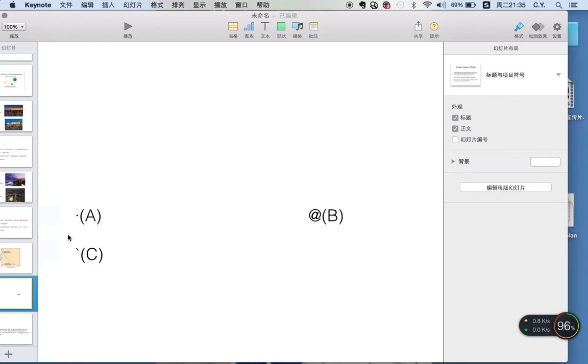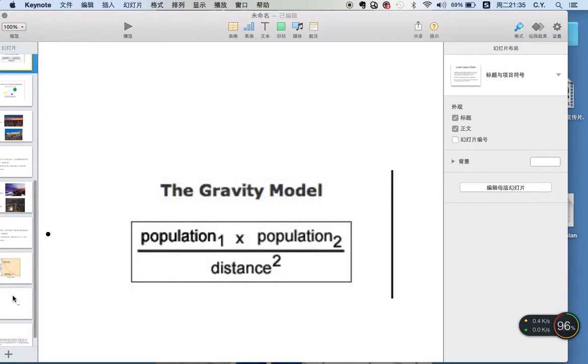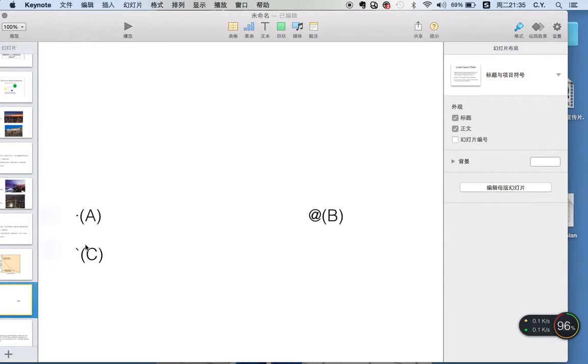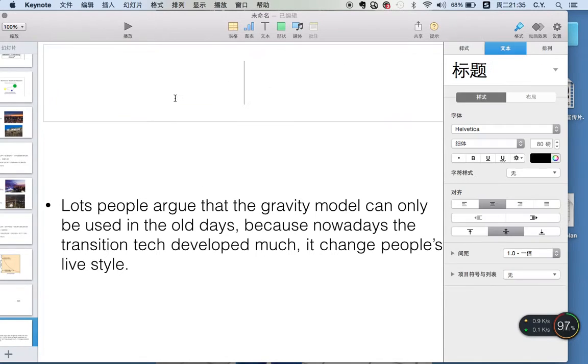Since the distance is squared in the equation, the distance has a greater power than the population. So the two near cities will have greater gravity between each other, but not these two or these two.